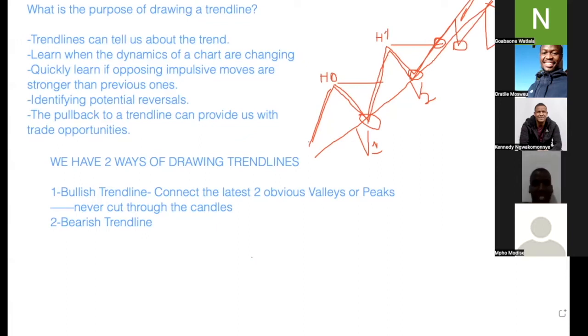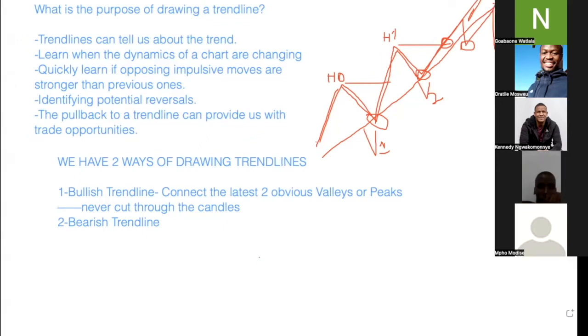Okay, so now I'm going to talk about a bearish trend line. Remember, we said when something is bearish, it means it's going down. So when you trade Forex or on the market, either we are bullish or we are bearish, right? Now a bearish trend line acts the same way as the bullish trend line.